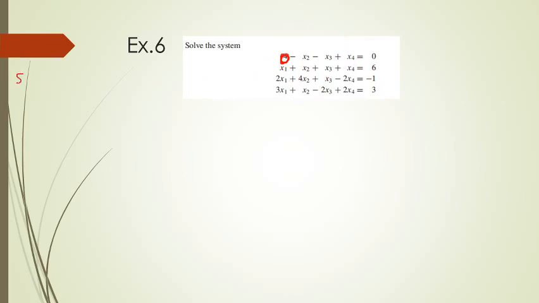The first step is trying to write the augmented matrix, right? We are going to use the row operations based on the augmented matrix to reach a strict triangular form, and then use back substitution. Augmented matrix. Now the first one is 0.